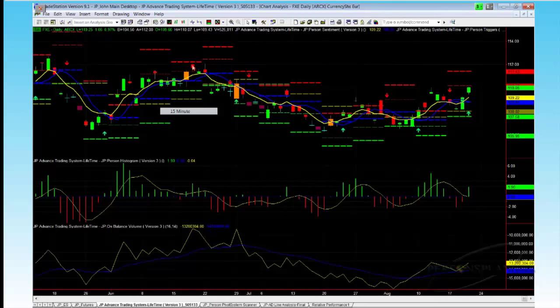If a high happens at 2 o'clock in the morning Eastern Standard Time, but the FXE doesn't open until 9:30 in the morning, and if the market gaps higher in the euro at night or in the European session and trades all the way back down like the trade never happened, well, in the futures, the trade happened, and so you have a different valuation of a high. But in the cash market, that high never existed.